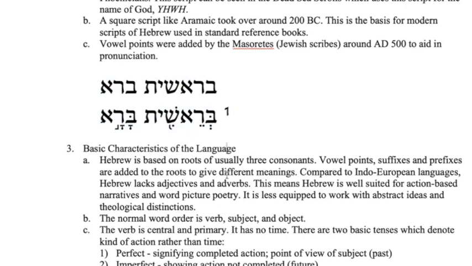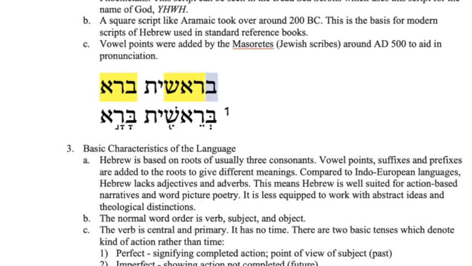Hebrew is based on roots, usually of 3 consonants, like this word right here, 3 consonants. This word has 3 consonants right there. Most Hebrew words have 3 letters to them, 3 consonants. Vowel points and suffixes and prefixes are added to the roots to give different meanings.